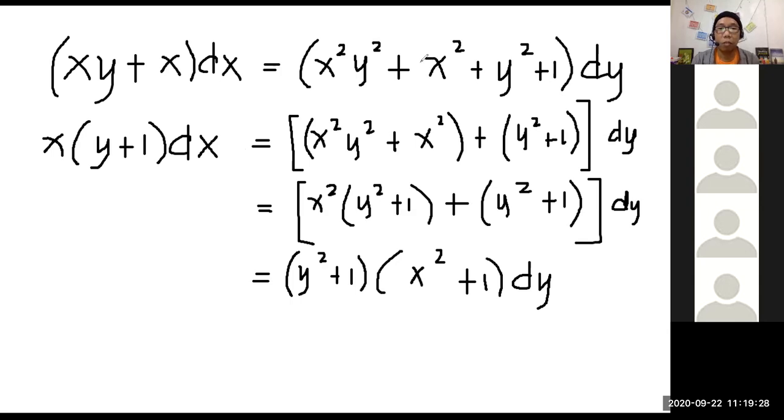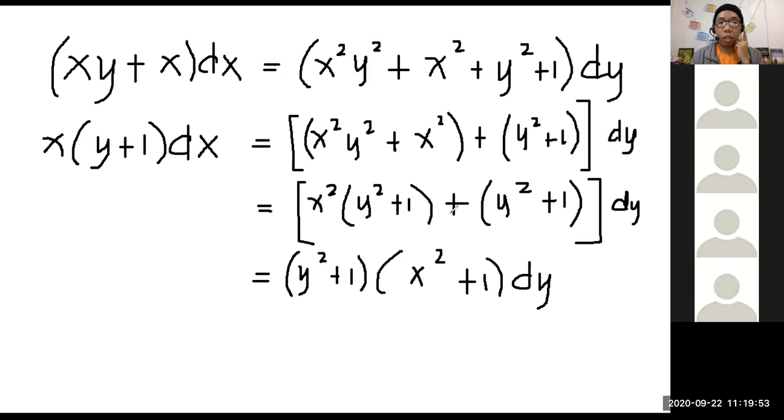Here naman, so 4 na terms, ang ginawa natin is nag-factor tayo by grouping. Yung first 2 terms, since may common dito sa kanila yung x squared, isang group sila, isang term sila. Yung y squared plus 1, ginawa ko rin isang term yan. So factor out ko yung x squared. Anong natira? Y squared plus 1.